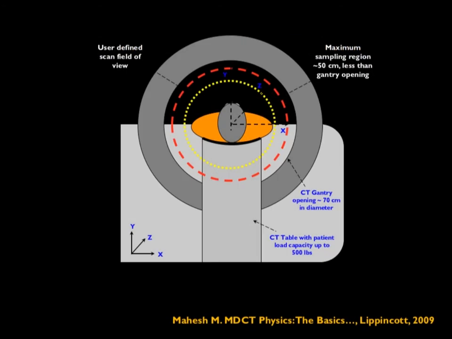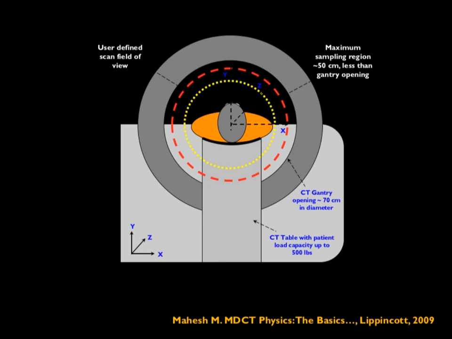Before going into more detail about spatial resolution, let me examine some basic factors about the CT scanner. In this slide shown is a cutaway of a CT gantry. Typically the CT gantry opening is about 70 centimeters in diameter, but the actual image sampling is done in a slightly smaller region.